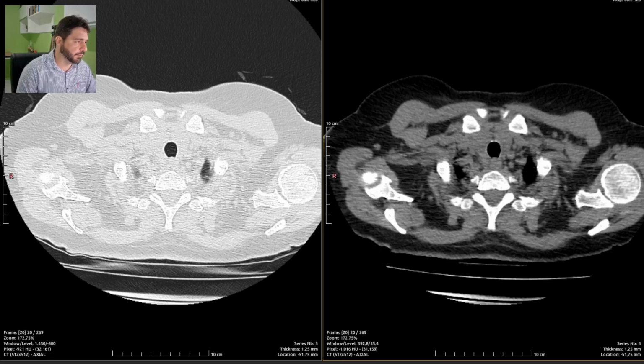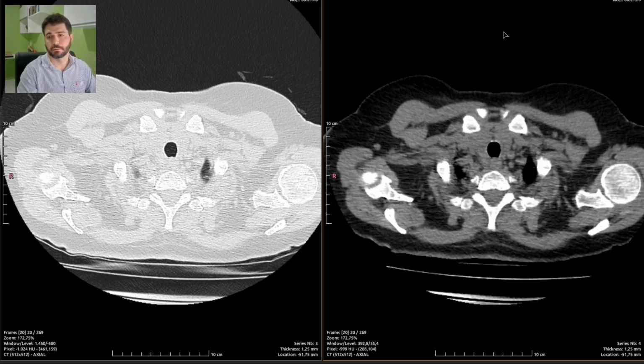There is no pleural effusion, but there is emphysema. And subpleural lobes of air.